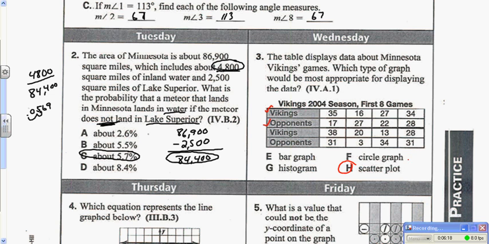And a scatter plot is an XY graph where this would be the Vikings and this axis would be the opponents, and you would just kind of say when the Vikings scored this much, the opponent scored that much. If the Vikings scored this much, the opponent scored that much, and you'd have these dots linking these 2 numbers together like a coordinate. So a scatter plot is best used when comparing 2 variables.